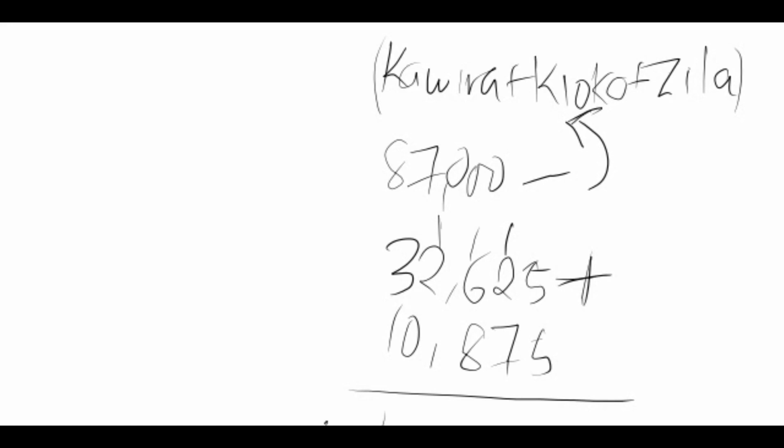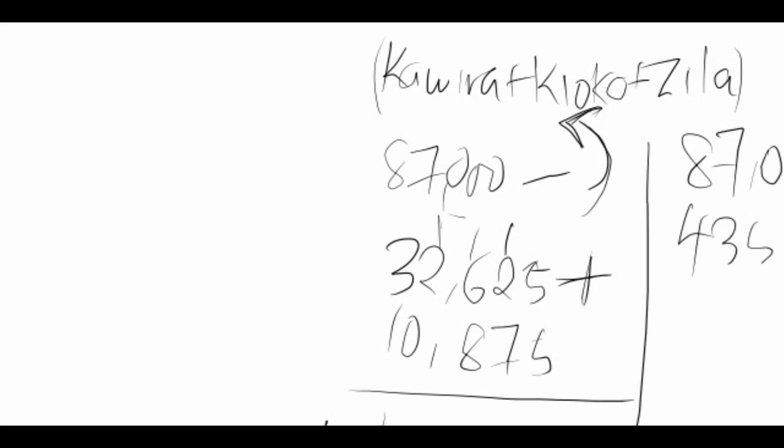That's the total amount of money that the children received. And we had said we are going to say now 87,000 minus what the children received, which is 43,500. So we subtract: 0, 0, then we have 5.